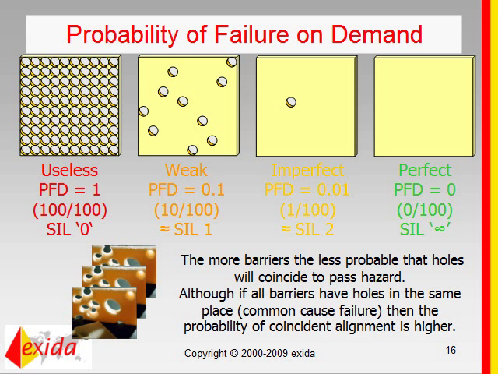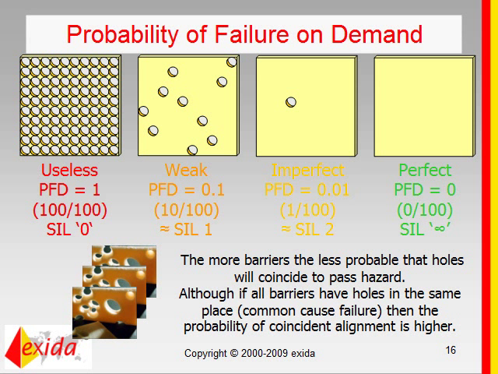So that gives you a little bit of a feeling of orders of risk reduction that you would claim with a layer of protection. If you have a layer of protection, this is the second picture that has a couple of holes, 10 out of, let's say, 100, a probability of failure will be 0.1. It's a relatively weak protection layer, and will be equivalent of risk reduction factor in the order of SIL 1.